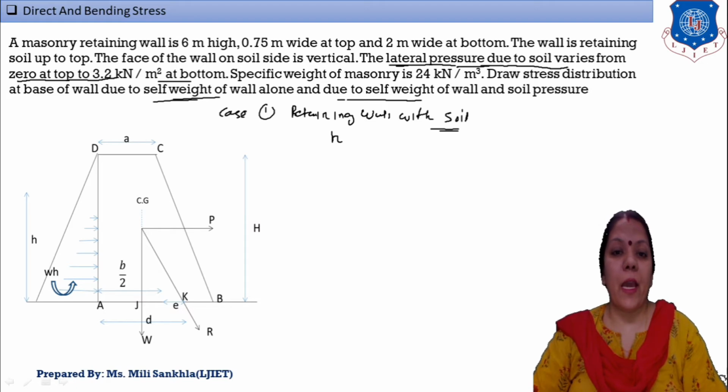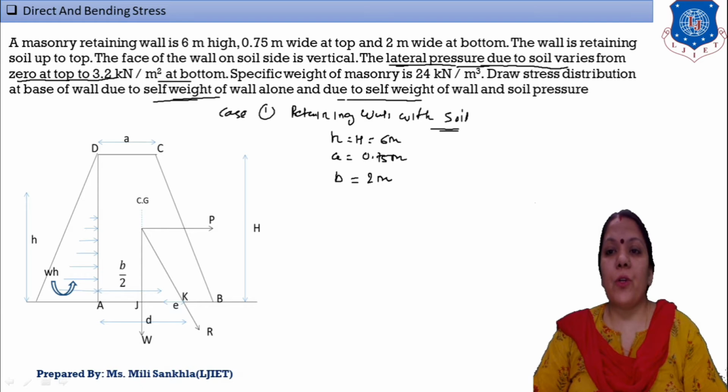Here capital H is equal to 6 meter because the retaining wall is full with soil. A is equal to 0.75 meter and B is equal to 2 meter, and the lateral pressure, that is the soil pressure, varies from 0 at the top to this value at the bottom.